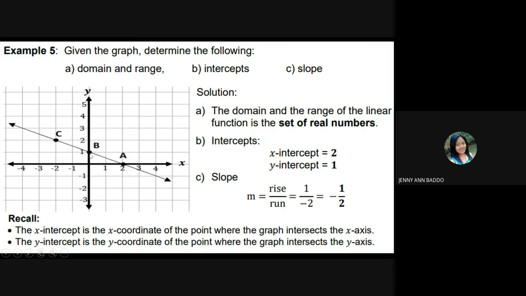This one, we have 1. And the run is 2. Or we have 1, 2, that's the run. Then 1 is the rise. Using the formula for slope, rise over run, we now have 1 over negative 2 or simply negative 1 half.